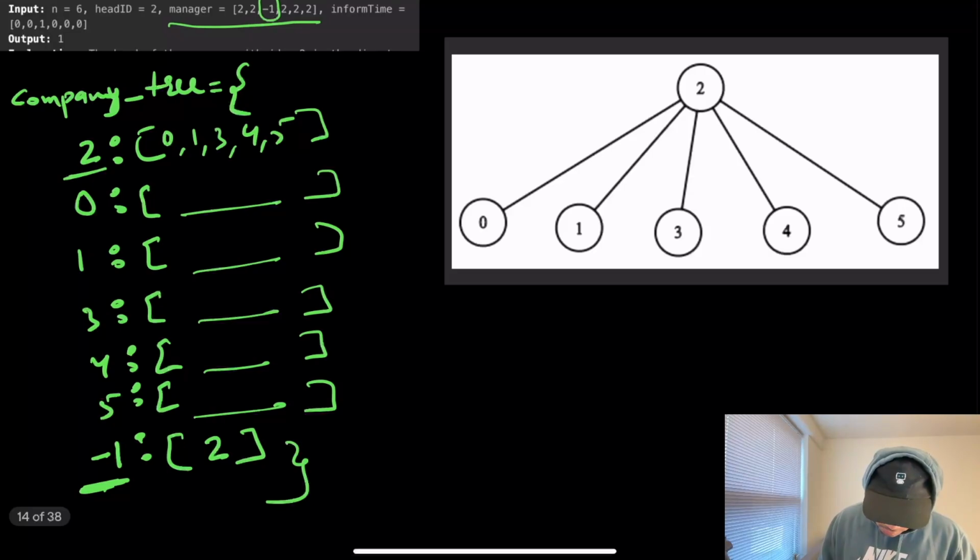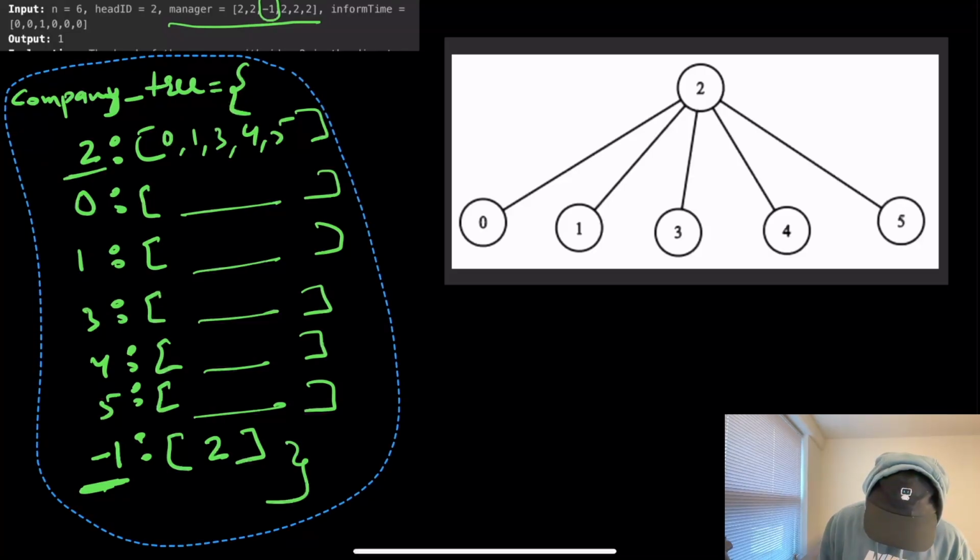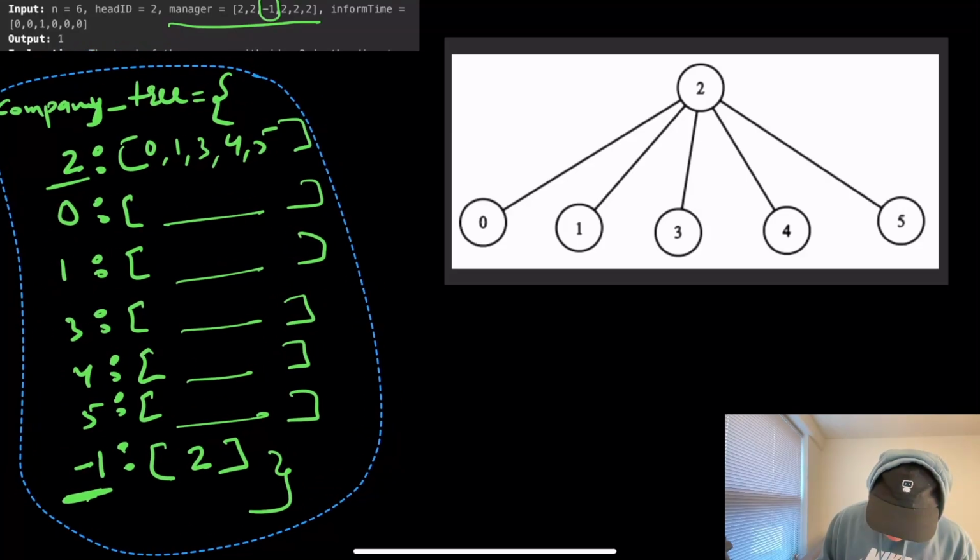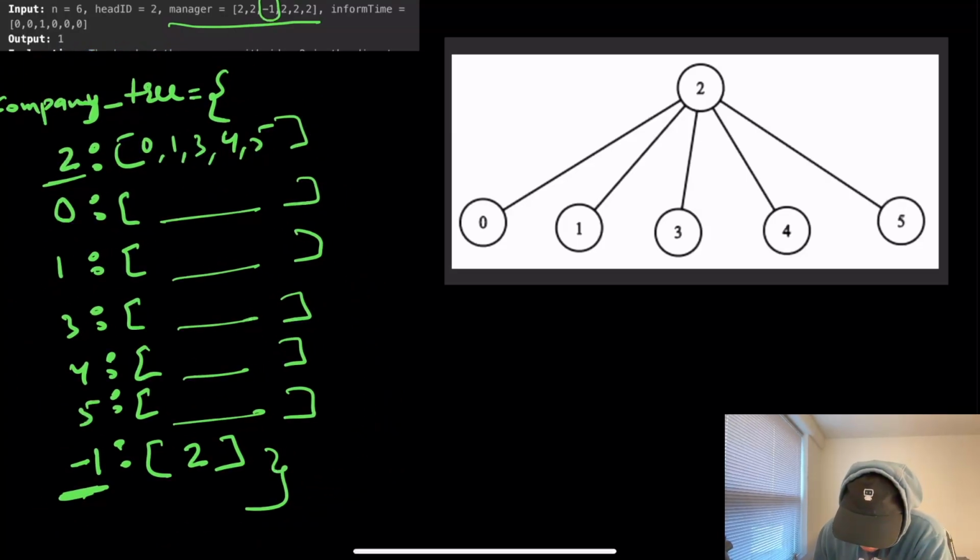We have the company tree data structure over here, and now we're going to basically start iterating over the tree. So we'll start with 2.